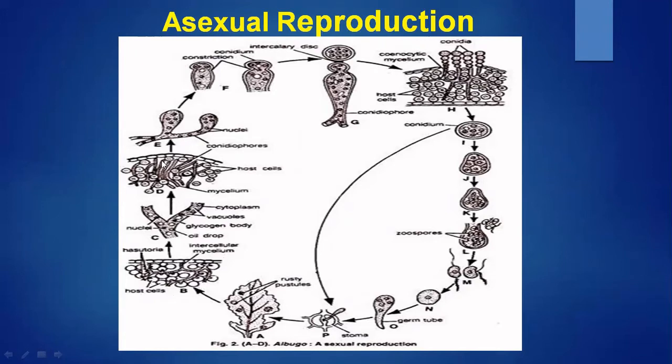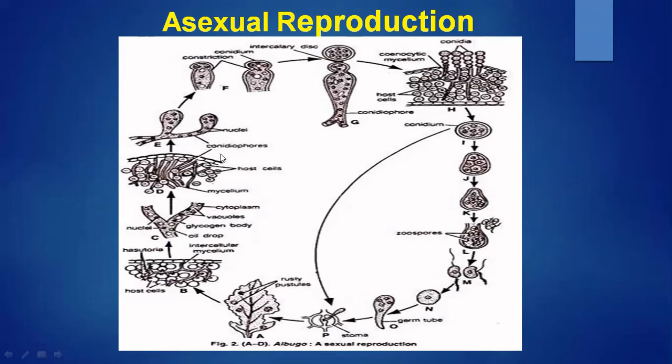From the hyphal tips you can see development of short, erect, club-shaped sporangiophores or conidiophores. They are nothing but the stalks from where the sporangia or conidia develop, known as either sporangiophore or conidiophore. The shape is club shaped.